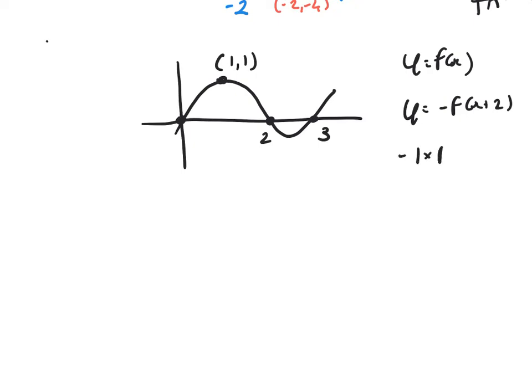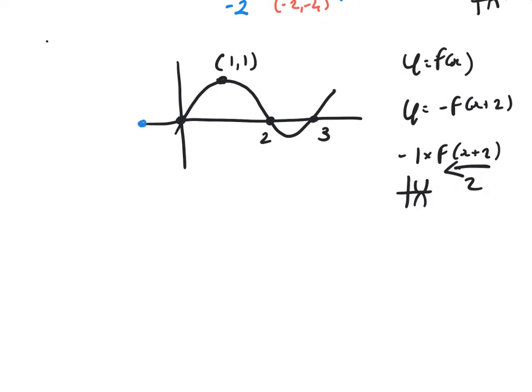So minus 1 times f of x plus 2, so I'll do the bracket first. Okay, so x plus 2 in the bracket is telling me to move 2 units to the left. And then I'm going to make the reflection across the x-axis. So 2 units to the left first of all.